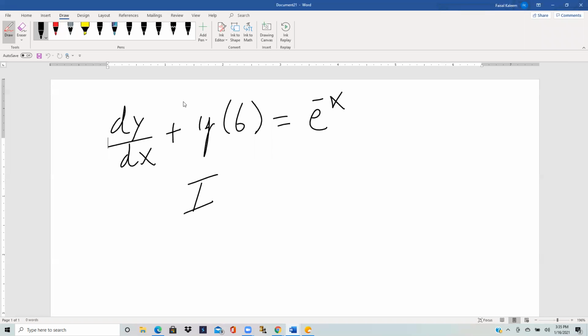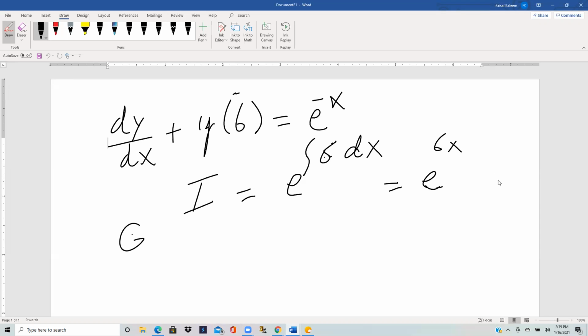So the integrating factor is e power the integral of this function, which is 6. So this is e power 6x. Now previously we were always getting ln's, so we were trying to cancel the e's and the ln's and just get some kind of a polynomial, but it doesn't have to happen. This time it's e power 6x and there's nothing more we can do with it. So that's the integrating factor.